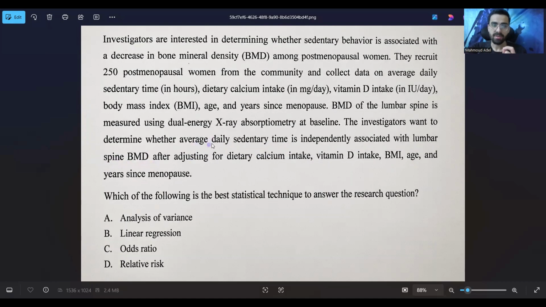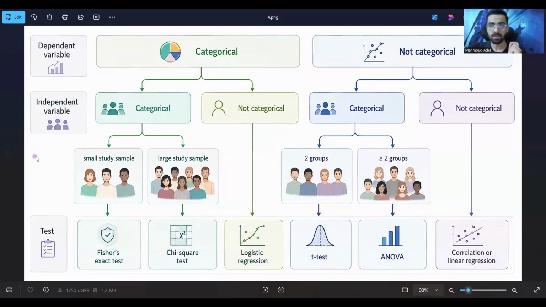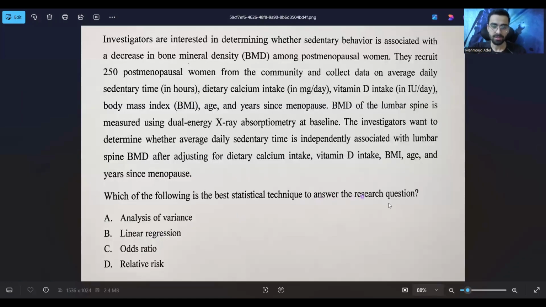So average daily sedentary time is a numerical independent variable with a numerical dependent variable. Let's go to the algorithm: numerical dependent variable with a numerical independent variable, your answer is linear regression. So the best statistical technique is linear regression test.